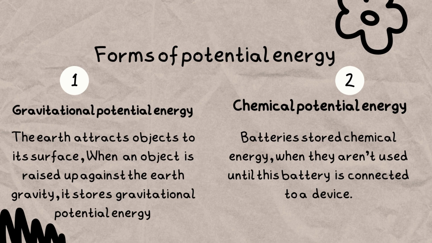And chemical potential energy is the potential energy stored in food, in batteries, in gasoline and natural gas. If we take batteries as an example, batteries store chemical potential energy until they are used to operate a device.